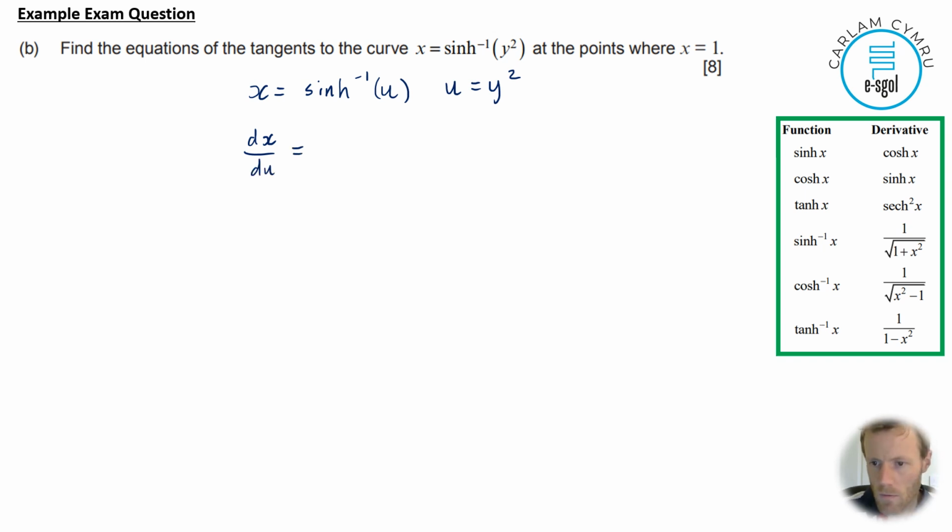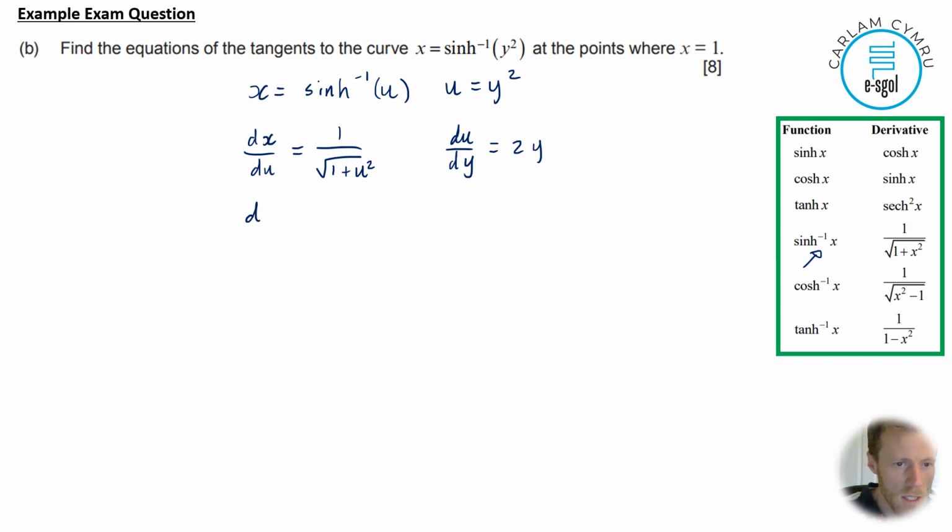So using my formula book, I'm looking over here, this is 1 over the square root of 1 plus, but it's not an x anymore, it's a u. So 1 over the square root of 1 plus u squared. And then over here, du dy is 2y. And then I'll use the chain rule and multiply the two together.